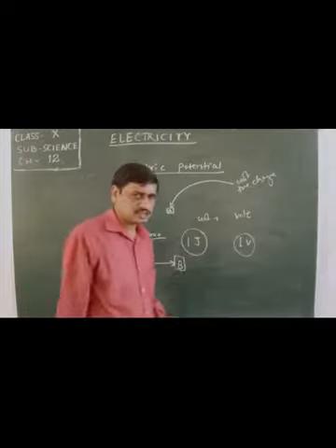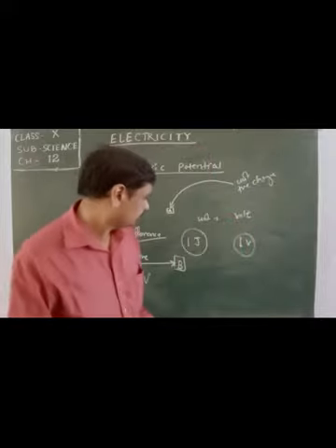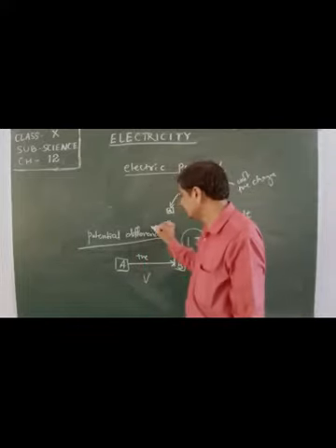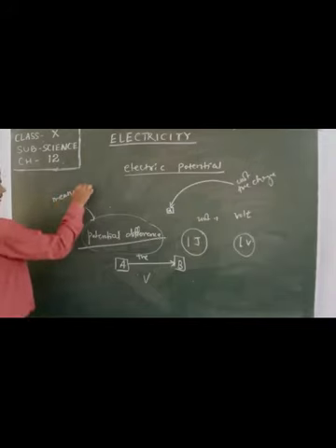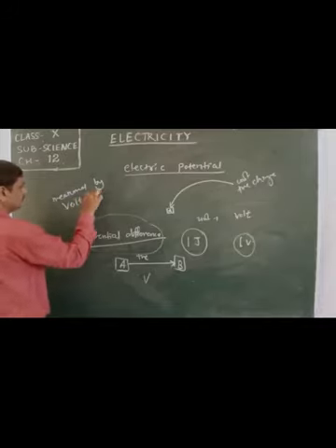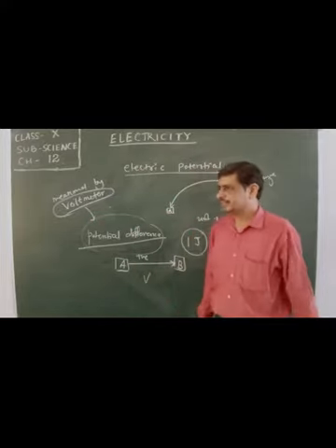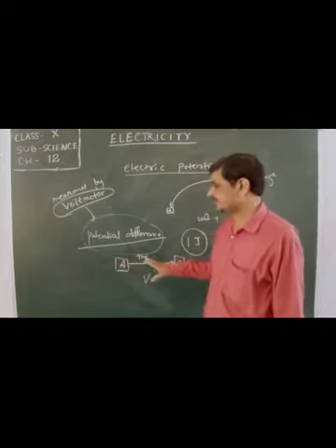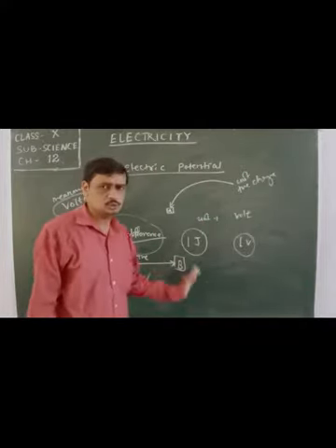This potential difference also has the unit volt. It is measured by a voltmeter, an instrument which is connected in parallel in the circuit. This instrument is used to measure the potential difference between any two terminals or any two points.